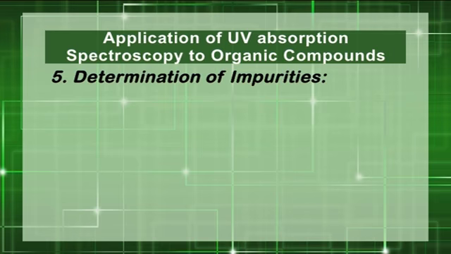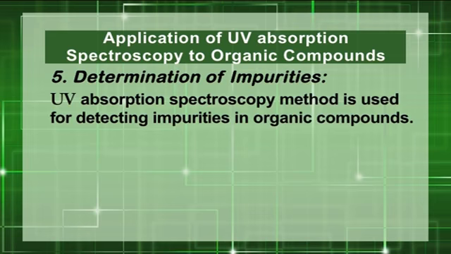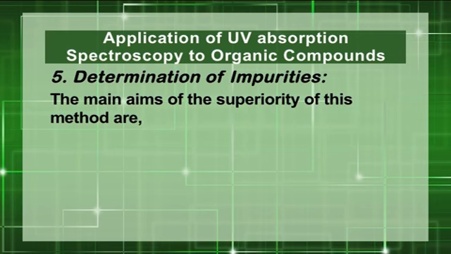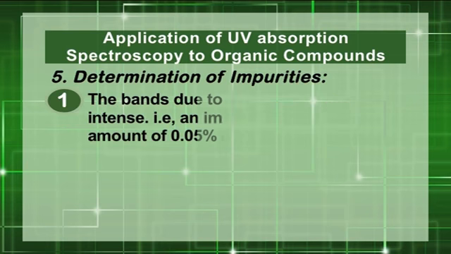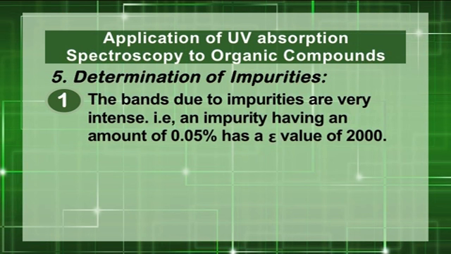Coming to determination of impurities, the UV absorption spectroscopy method is used for detecting impurities in organic compounds. The main advantage of this method is that the bands due to impurities are very intense, that is, an impurity present at 0.05% has an epsilon value of 2000.